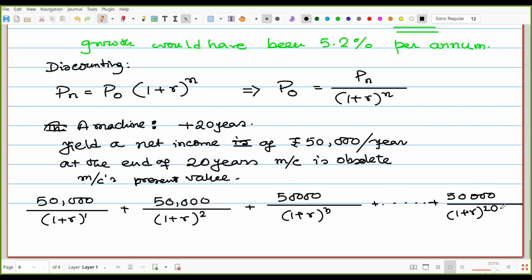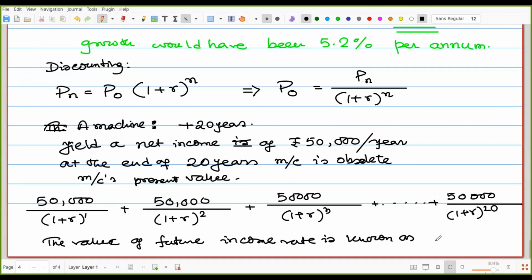That is known as the value of future income, and the rate is practically known as discounting. So that is the geometric mean.